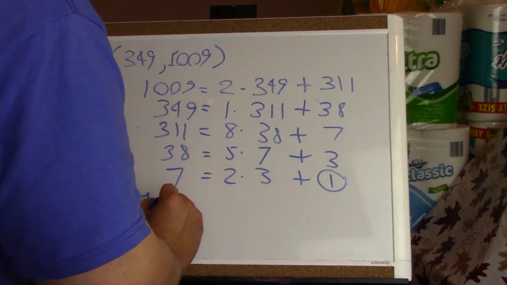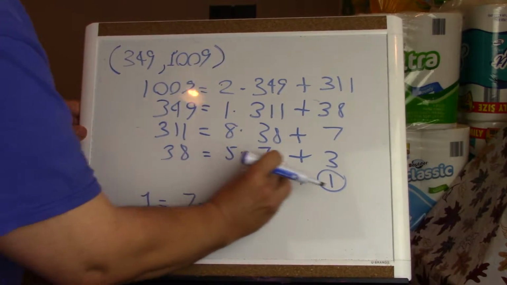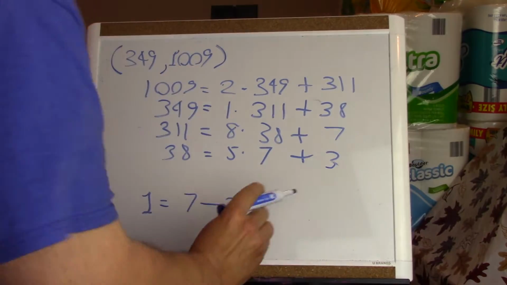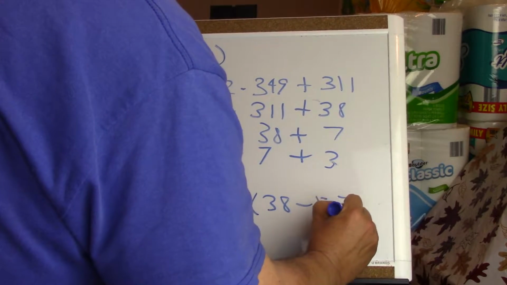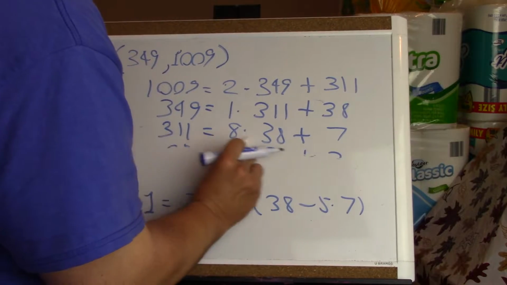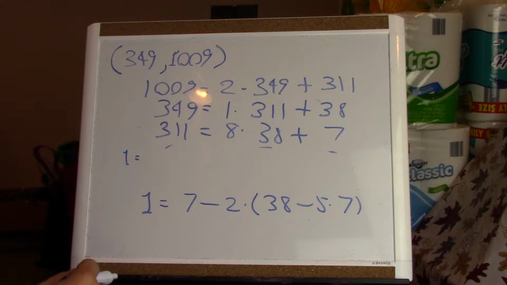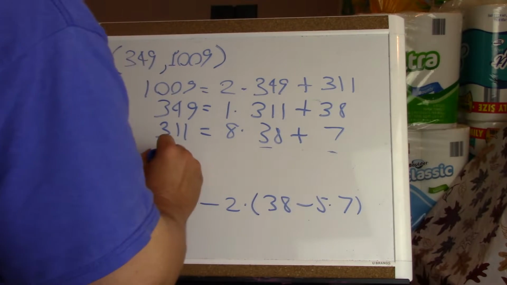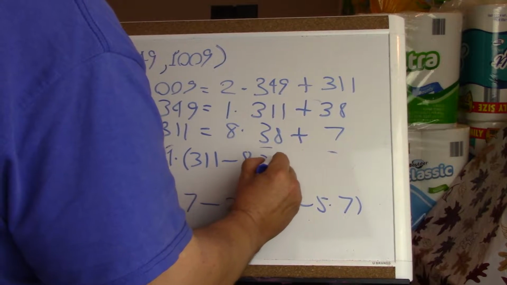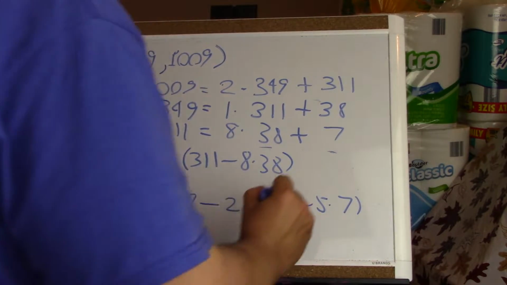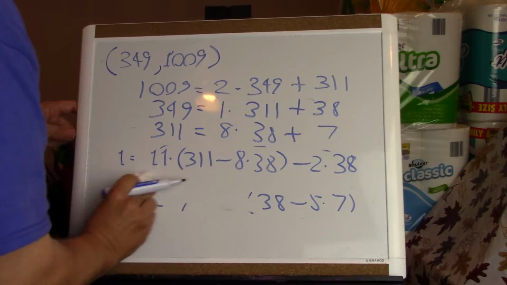Then if we start going backwards, this is 7 minus 2 times 3, which checks. Then the 3 becomes 38 minus 5 times 7. We can erase it. And then it equals, how many times 7? 11, right? 11 times 7, and I'm going to put in this equation in there already for 7, minus 2 times 38.